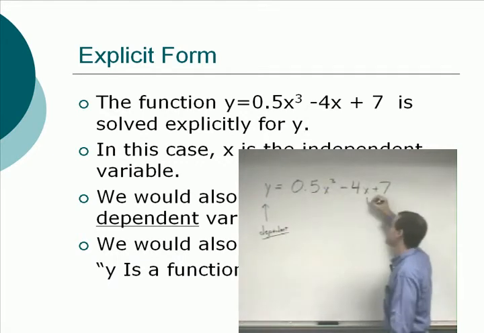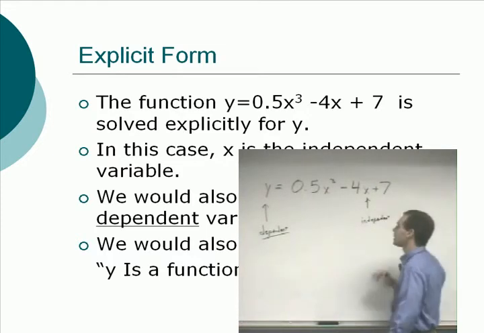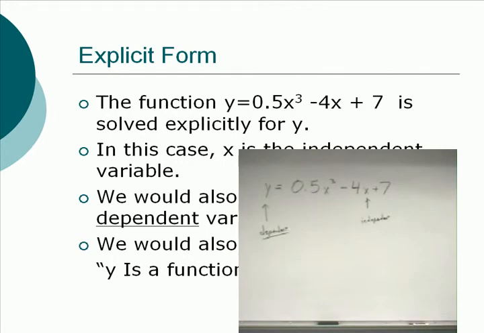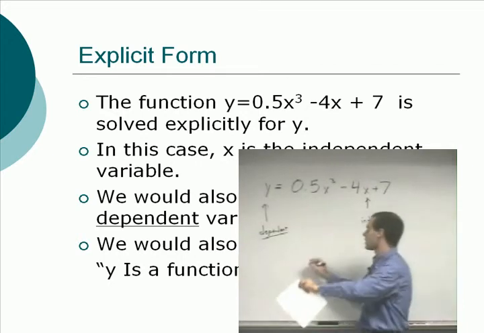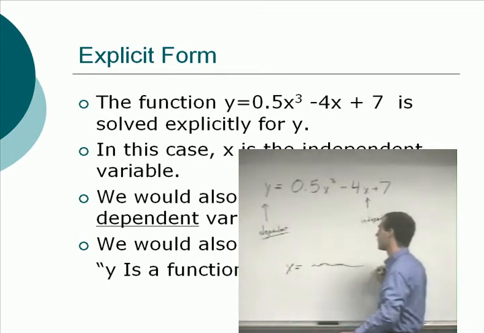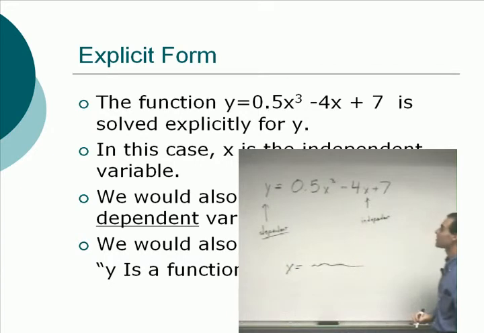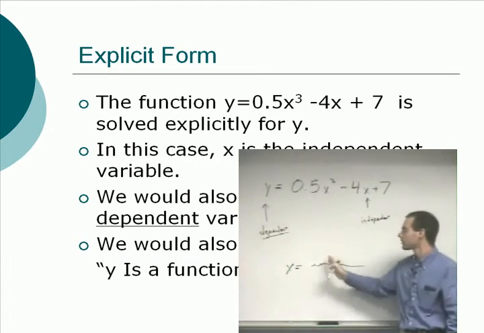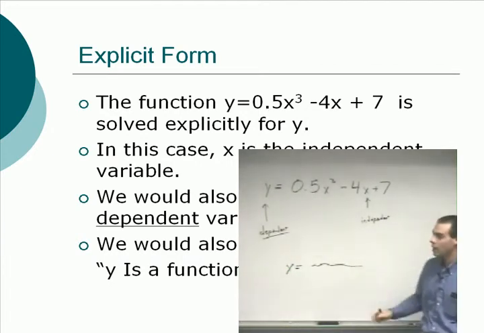X is then, since it doesn't depend on y so much, we would call it the independent variable. And the other thing that you would say is that y is a function of x. Y depends on x. If we were to rearrange this mess and solve it for x equals boy, it'd be messy, some function of y, then we would say that x is a function of y, or x would depend on y.